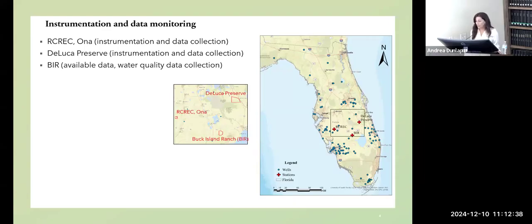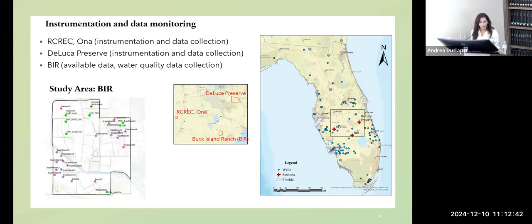Between these three, we found that Buck Island Ranch already has a long-term data set available, and the data collection is going on. So we decided our groundwater modeling work, the numerical modeling work, to be conducted there.